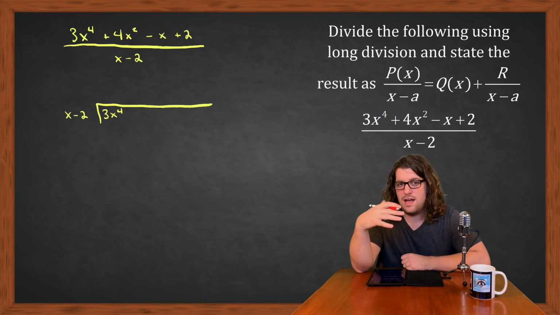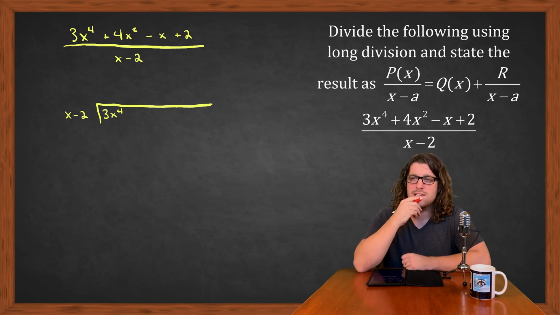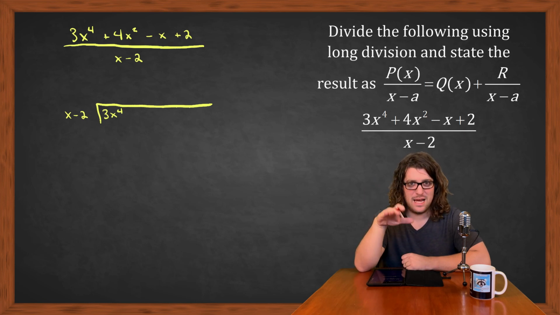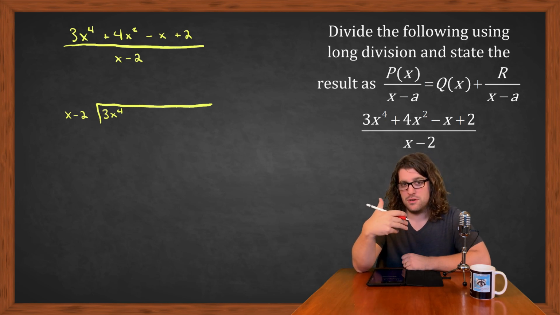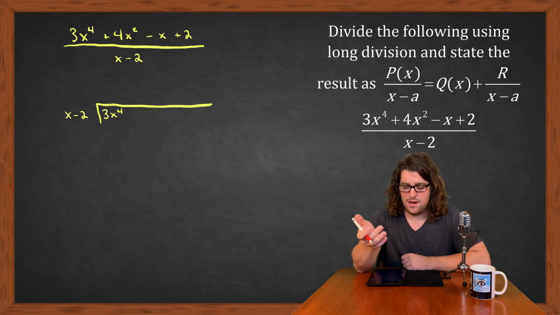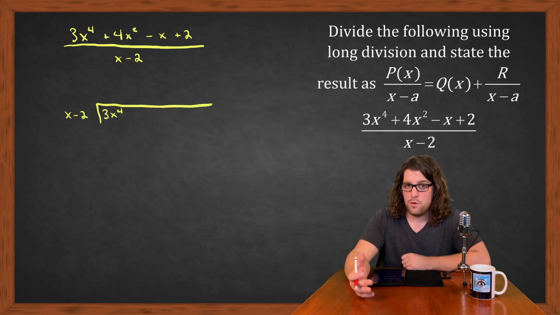Now, before I actually put in the plus 4x squared, one of the things that happens is that because this is a linear divisor, it naturally stair steps, I guess you could say, your orders down by 1 every time. So we're going to find a cubic part of the quotient first, and then we're going to completely eliminate the part of our dividend that is in order 4.